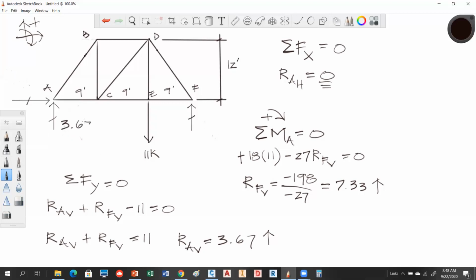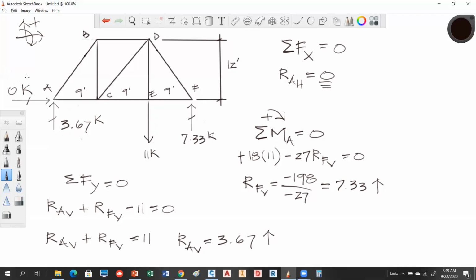This is 3.67 kips. This is 7.33 kips, and this is 0 kips, but don't ignore it, okay? You're going to use it. Is that good for everybody? Everybody okay?